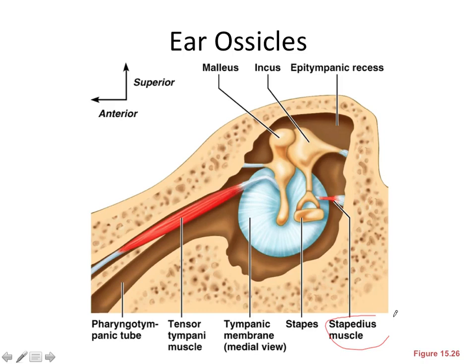Since the stapes is a tiny bone that hits the oval window to generate the hearing, the stapedius muscle can stabilize this tiny bone to let it perform very well.